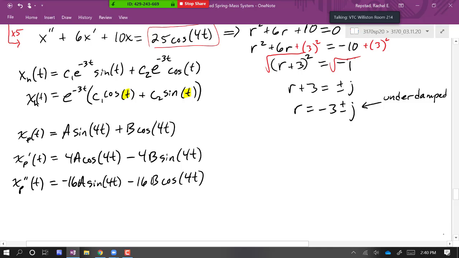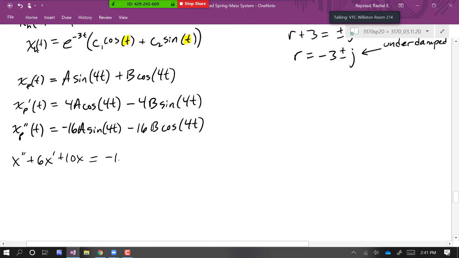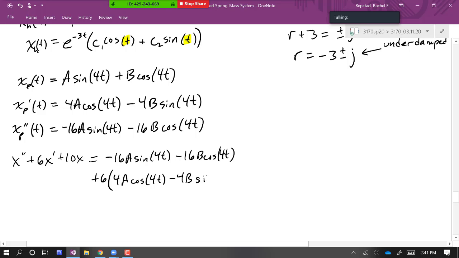And now we get to plug these in. So our equation is x double prime plus 6x prime plus 10x. So this is going to look like x double prime, negative 16a sine 4t minus 16b cosine 4t, and then we're going to add 6 times the first derivative, and then add 10 times xp.